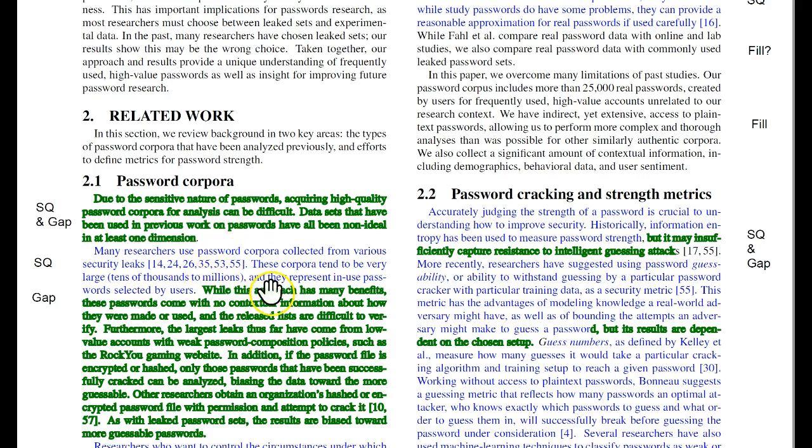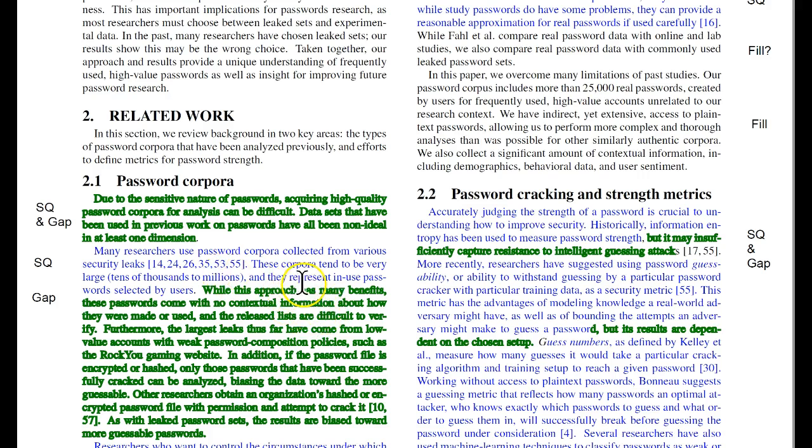So we start out, "Due to the sensitive nature of passwords, acquiring high-quality password corpora can be difficult." And then they list the problems with them. Then we go into talking about specific studies. In the very first sentence here, we're grouping multiple studies together. So lots of studies that are grouped together, making a very general claim.